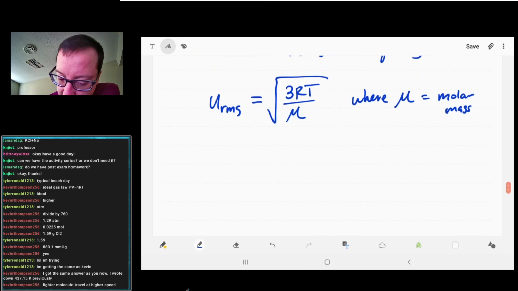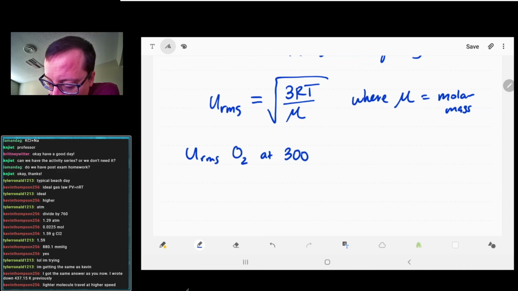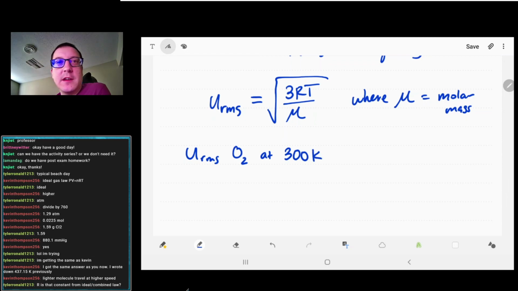So let's see what the root mean square speed is. Yes, it is the same constant as before. I hope. No, it should be. Yeah, why would it not be?